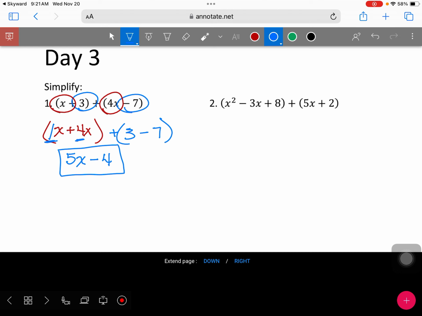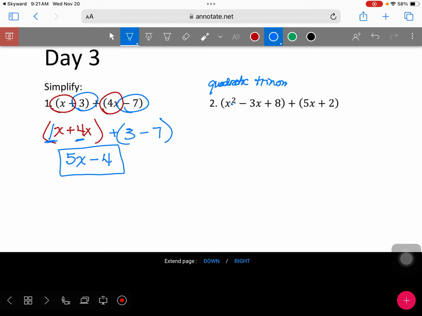X squared minus 3x plus 8. What did we call that? Polynomial. What kind of polynomial? 3 terms. Trinomial, yes. Trinomial of degree 2. So this would be a quadratic trinomial.